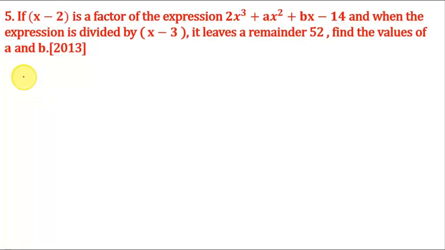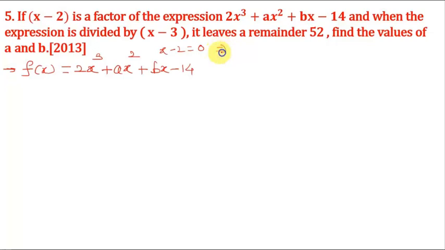Now again here the polynomial f of x is equal to 2x cube plus ax square plus bx minus 14. Now, as x minus 2 is a factor, it means x minus 2 is equal to 0, which means x is equal to 2.